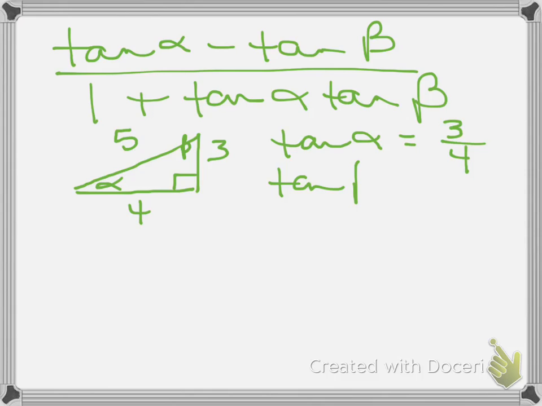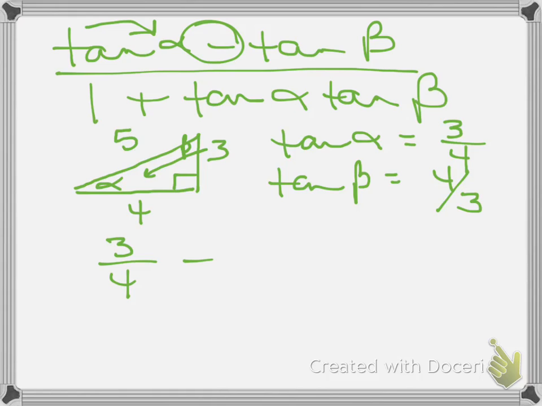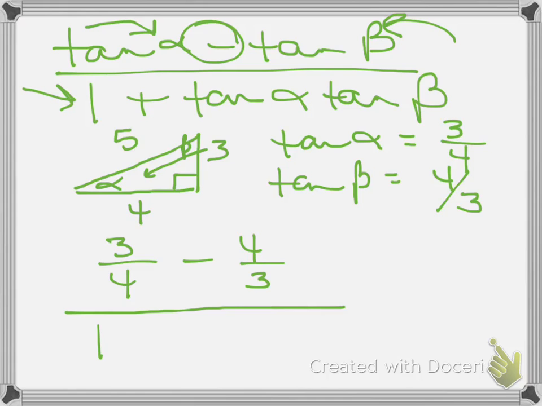Tangent of beta, opposite over adjacent, would be 4/3. And I just need to simply put this in my formula. So tangent of alpha is 3/4 minus tangent of beta is 4/3 over 1 plus tangent of alpha, 3/4, times tangent of beta, 4/3.